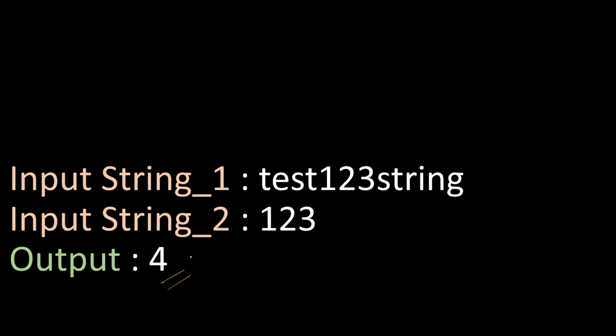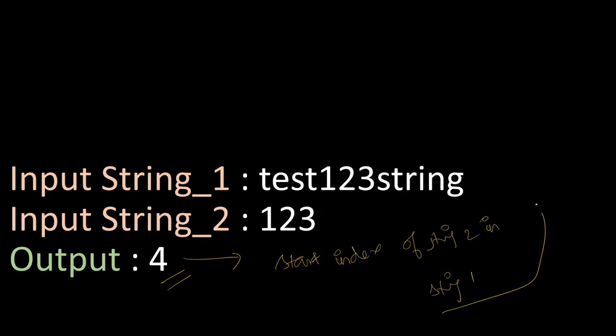The output is nothing but the start index of string 2 in string 1. So this is my logic. I have to write a program to find the start index of string 2 in string 1. The logic has been found out, and now only the program part is left.